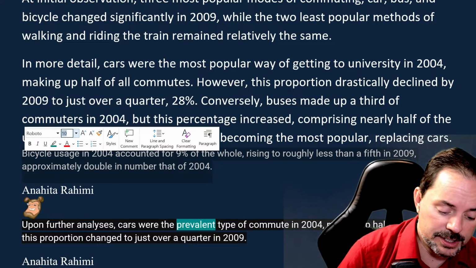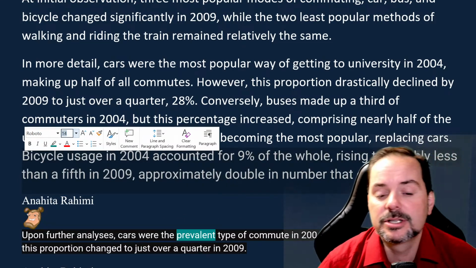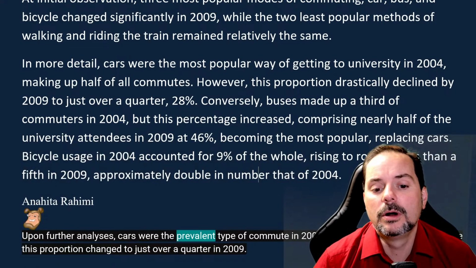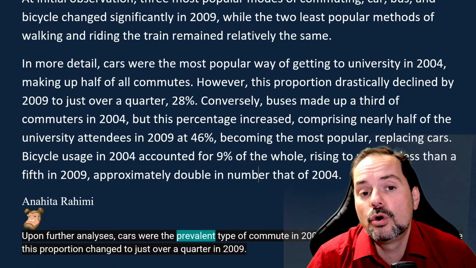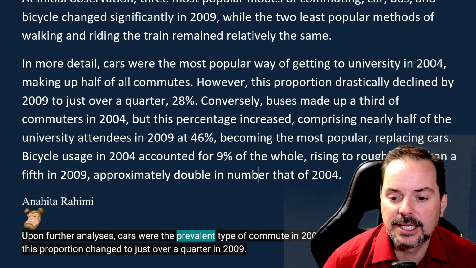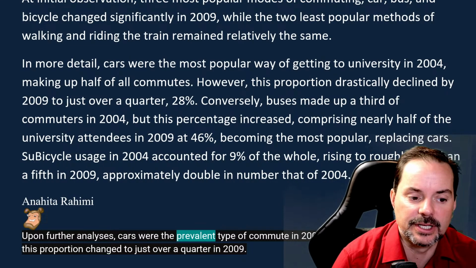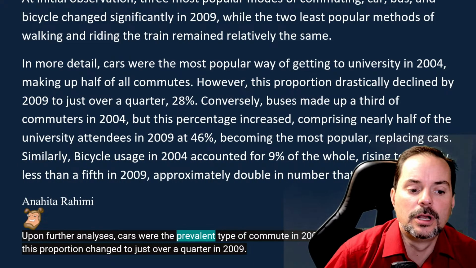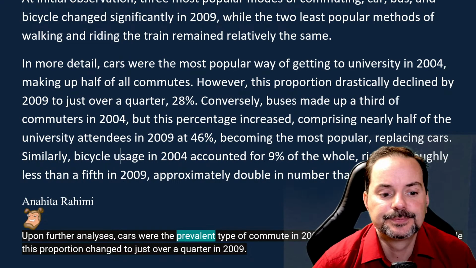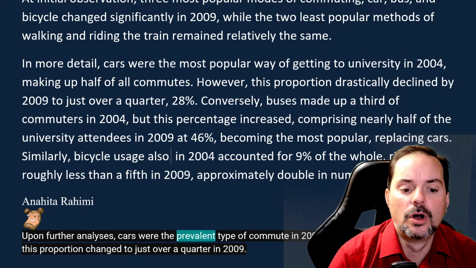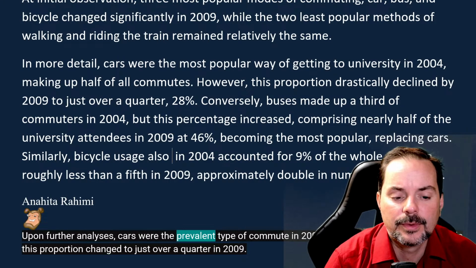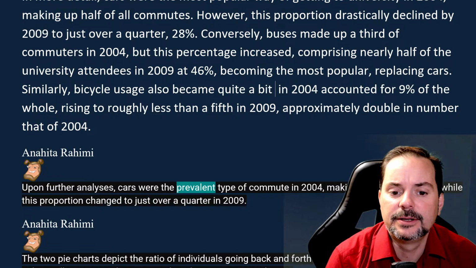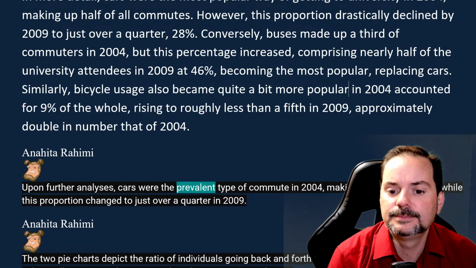bus are similar, right? Because both of them are increasing. So here I would join by saying similarly. Okay, similarly. Bicycle usage also became quite a bit more popular.